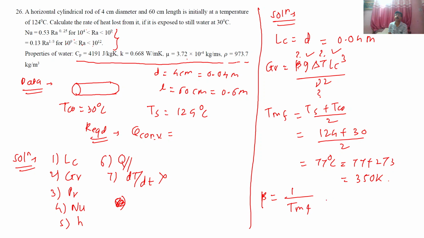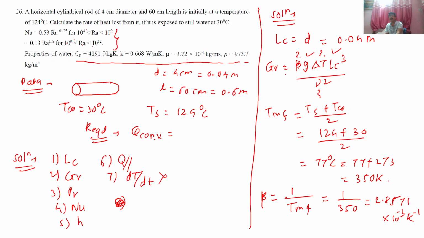So beta is 1 upon TMF. So 1 upon 350 Kelvin, and it comes around 2.857 into 10 raised to minus 3 Kelvin raised to minus 1. That is the value of beta. Next, g is known to you, 9.81 meter per second square, the gravitational acceleration constant.